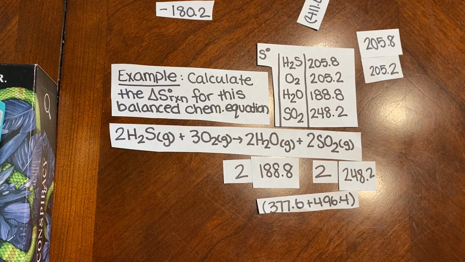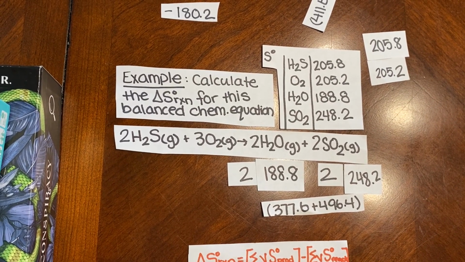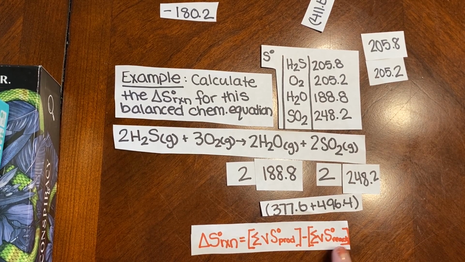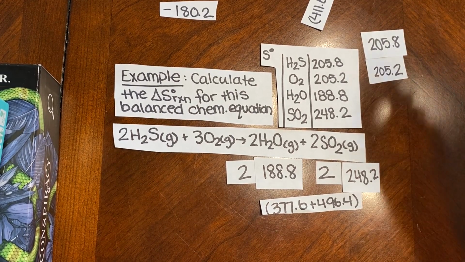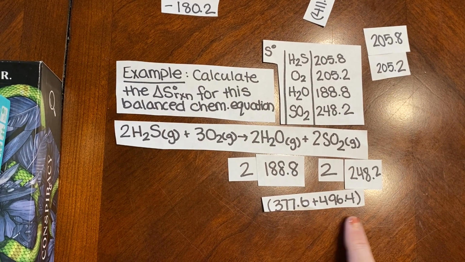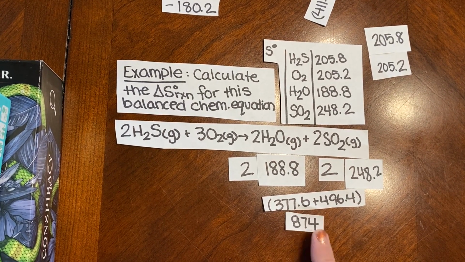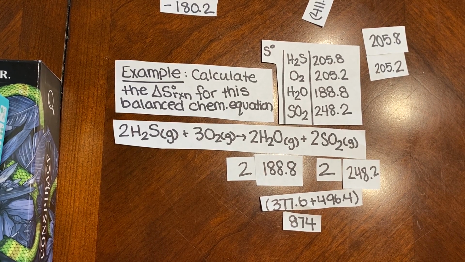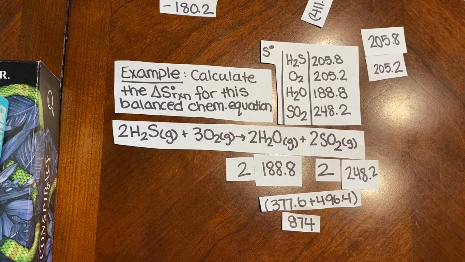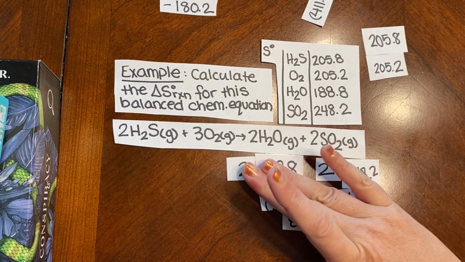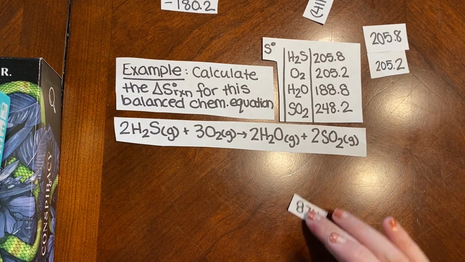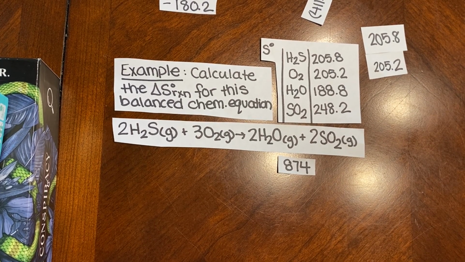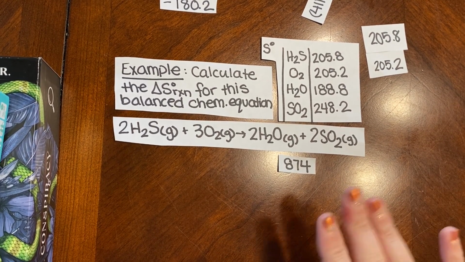Because again, this big sigma means sum, all of this reaction stuff. So when we add them together, we end up with 874 total. So the entropy of our products is 874. I'm sorry, our products, not our reactants, our products.